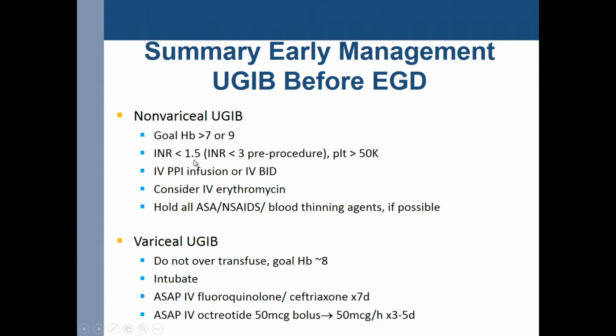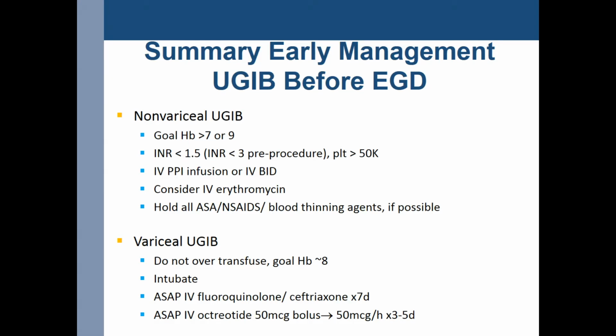The goal INR should be less than 1.5, although it only needs to be less than 3 before we will proceed with an EGD or colonoscopy. Platelets should be above 50,000. IV PPI infusion should be begun, or potentially BID. Consider IV erythromycin to help clear the stomach, and hold all aspirin, NSAIDs, blood thinning agents if possible.